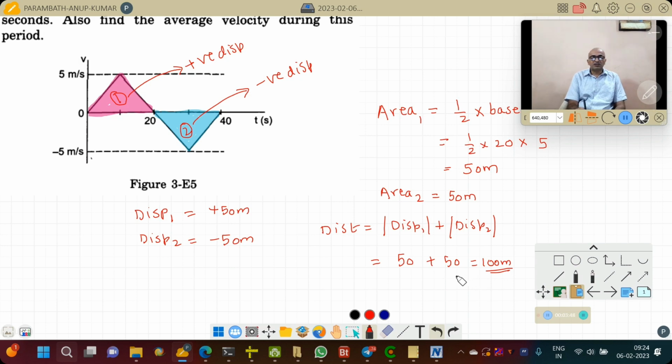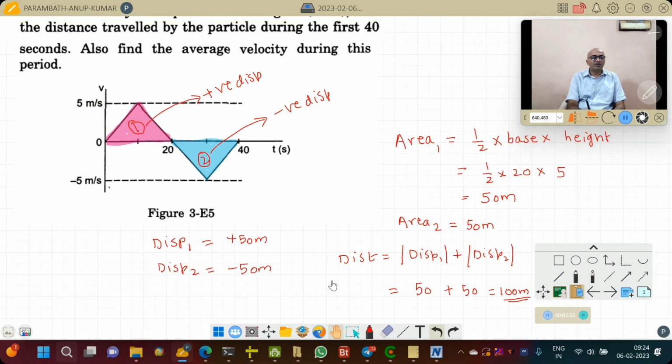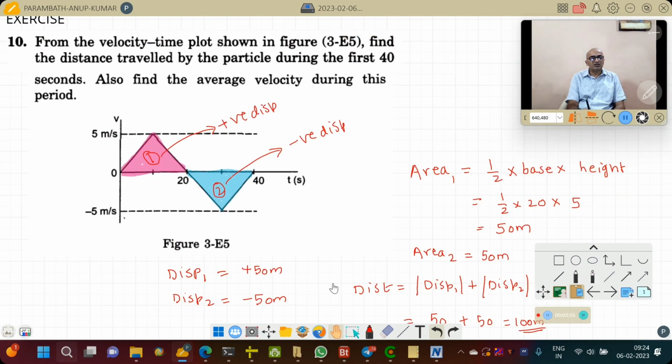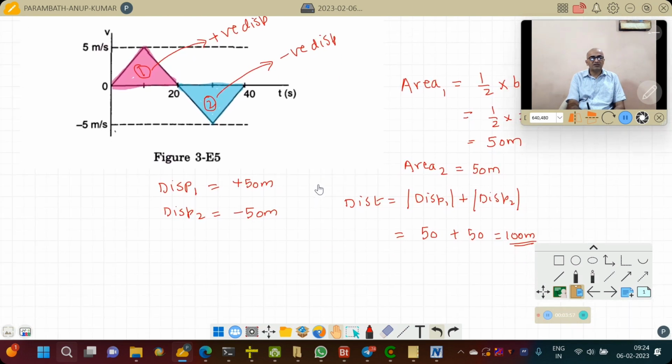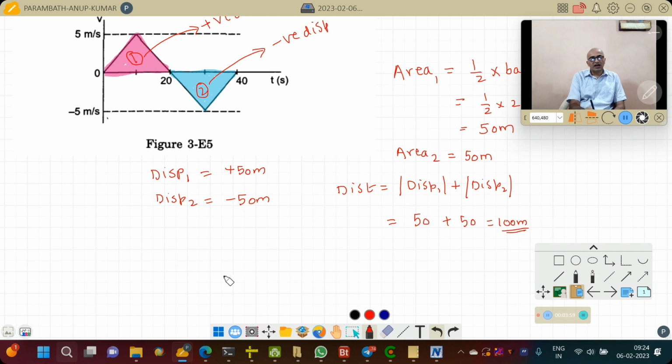He is also asking us to find the average velocity during this period. Average velocity will be what, students? Average velocity definition is what? Average velocity is equal to total displacement divided by total time. What is total displacement?